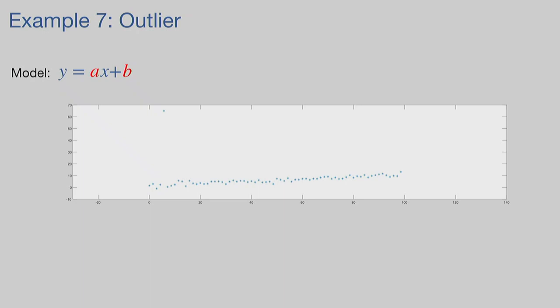But I've got this point that's really, really far away. And because this point is so far away, when I do the fit, in order to minimize the norm of the error, it will have to pull my line.